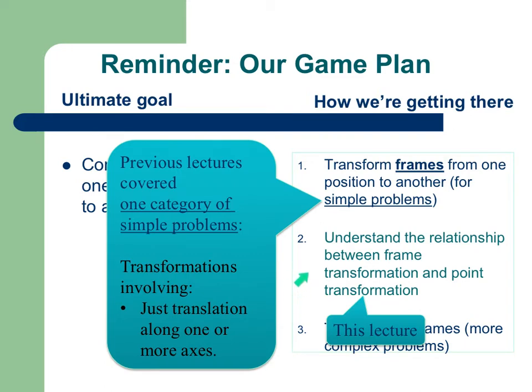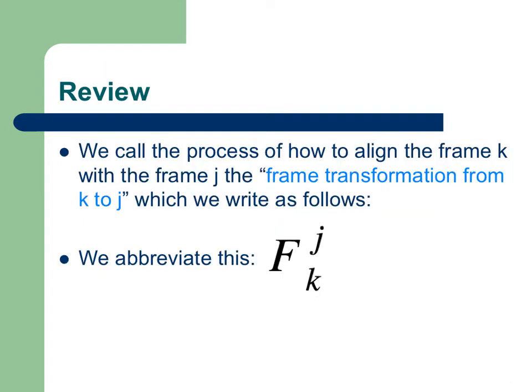And understand why this frame transformation thing that we've been talking about helps us figure out what the point transformation is. And just to review, we're calling the process of how to align the K frame with the J frame the frame transformation that goes from K to J. And we're abbreviating it with this F, which is Dr. K's notation.